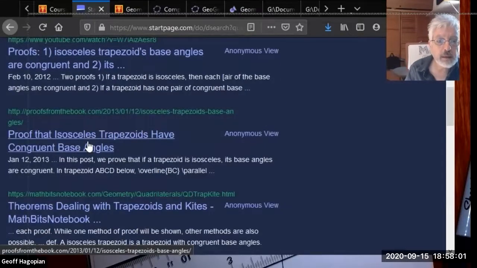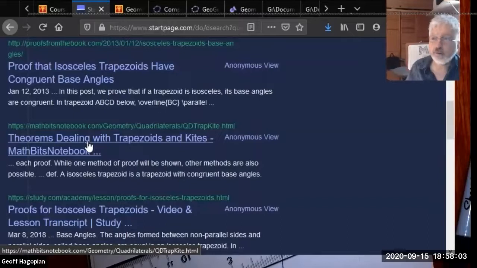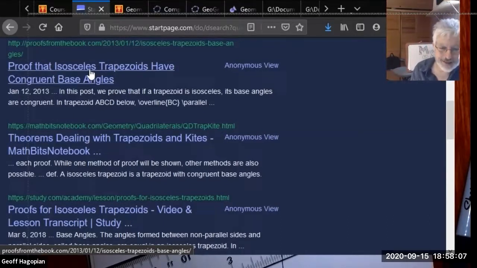Proofs from the book. Okay, what is the book? Well, this is actually a concept developed by, I think it was, Paul Erdős. He said, of all the proofs for a given theorem, which one is the simplest?